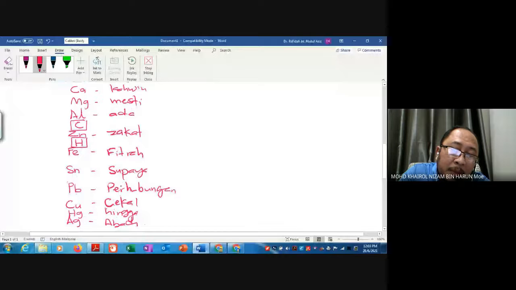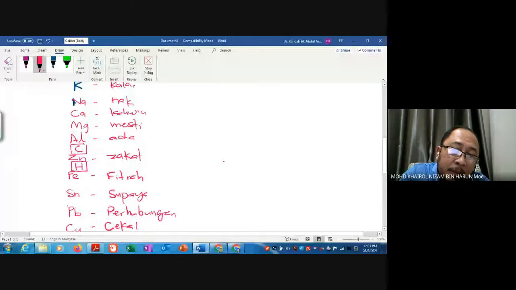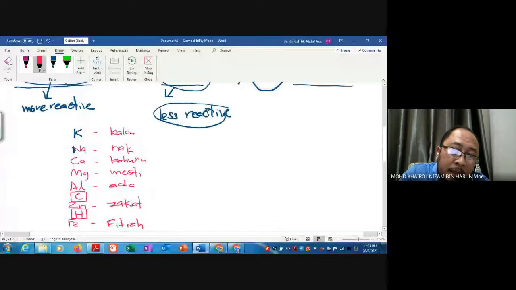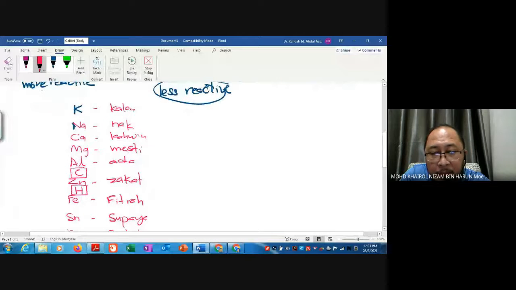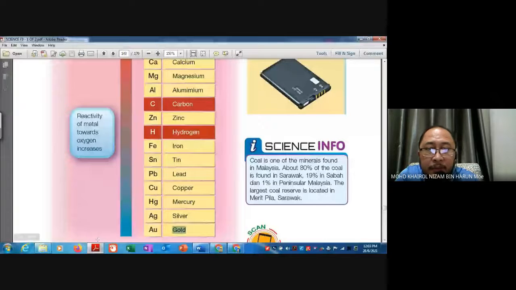So you can make your own sentence to remember the position of each metal in the reactivity series of metals. And then for carbon and hydrogen, you just remember which metals they are between. Carbon is between aluminium and zinc.